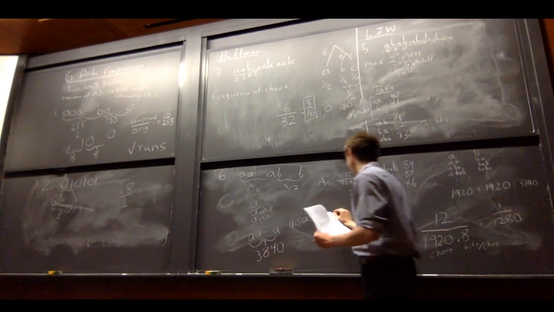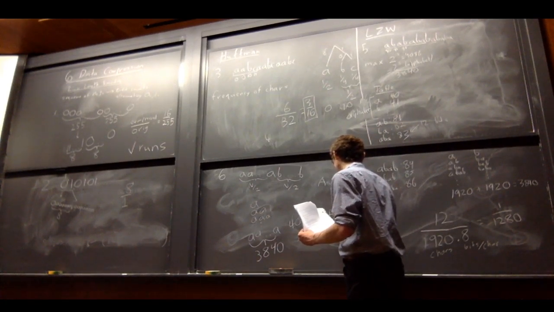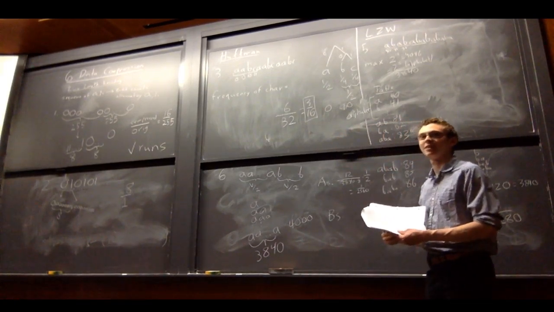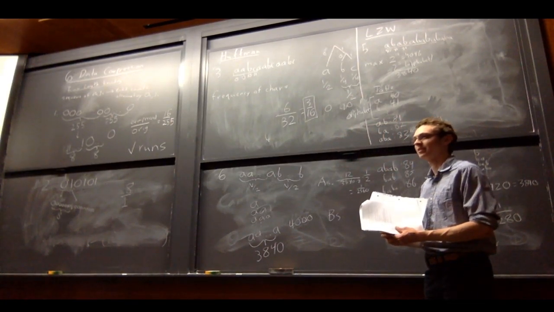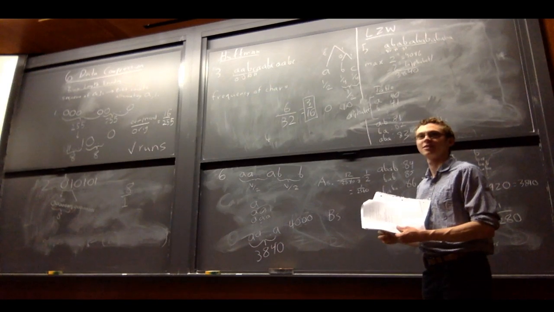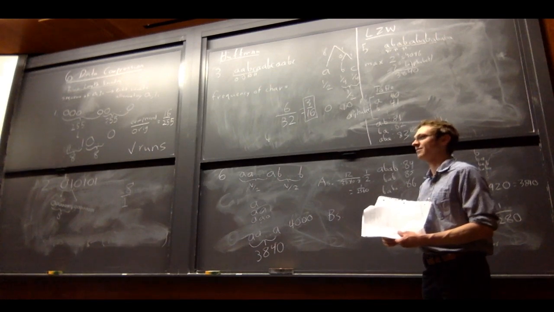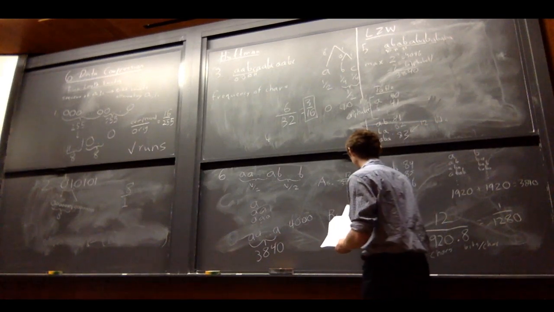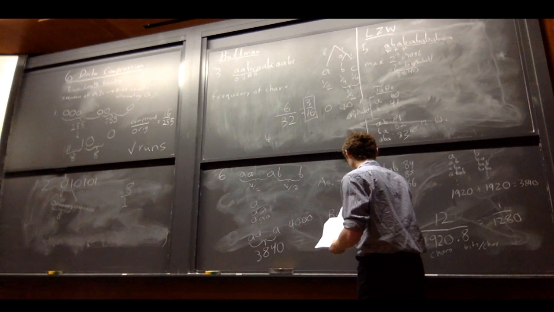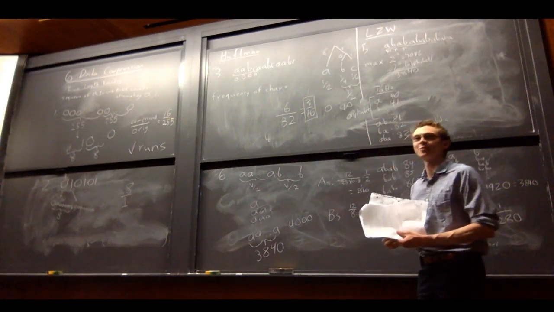Okay, now how about the B's? What's our compression ratio for the B's? Yeah, 12 over 8. So the compression for B's is really bad.